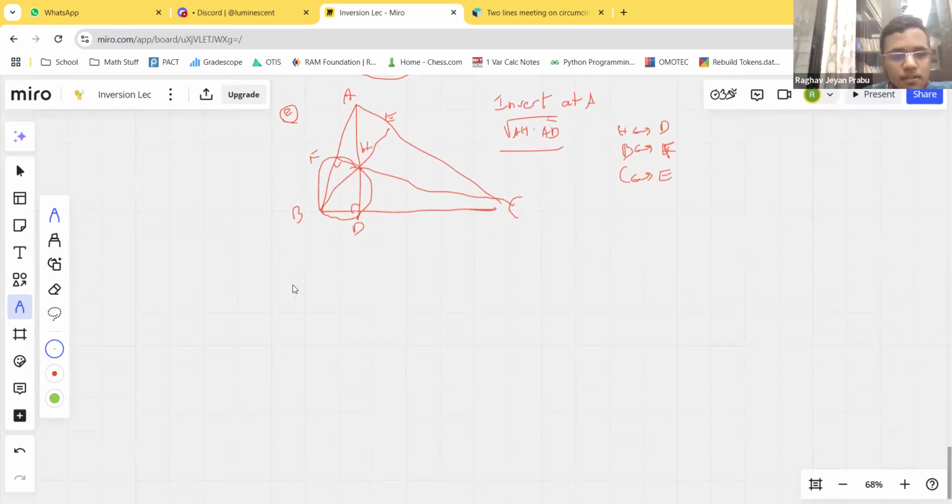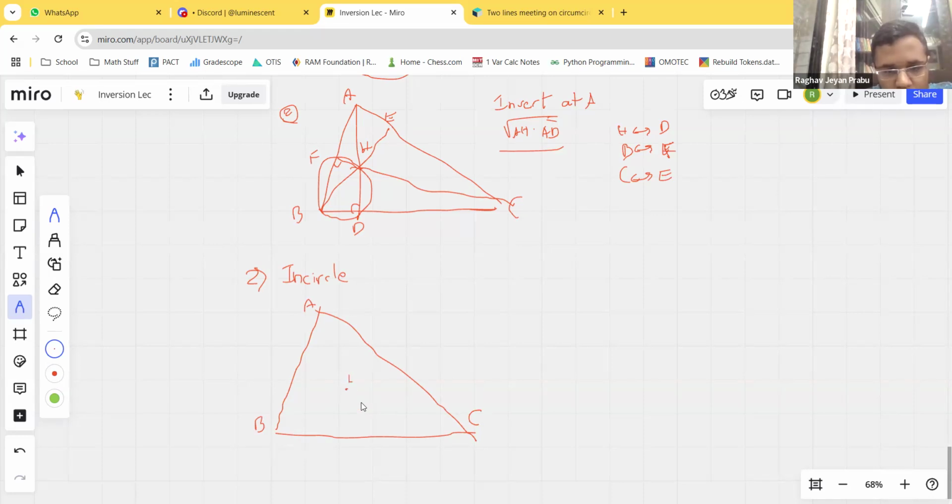Okay. So let's look at incircle inversion. As the name suggests, you invert with respect to the incircle. So if I have triangle ABC with incenter I, then D, E, F as the touch points.